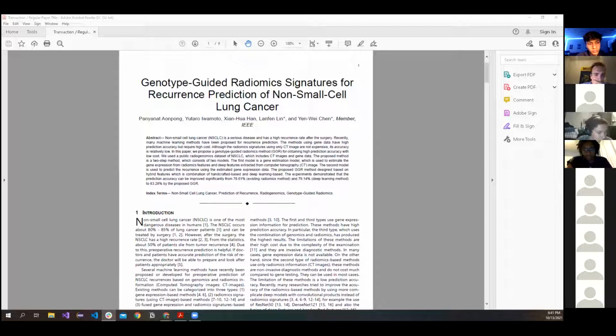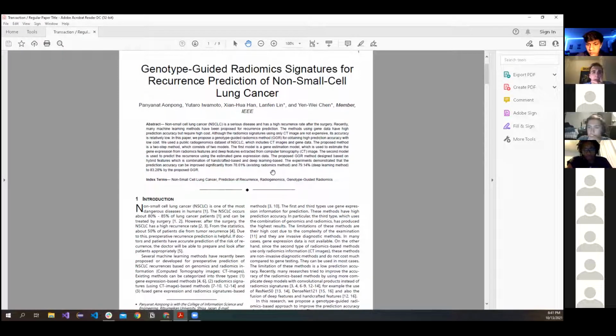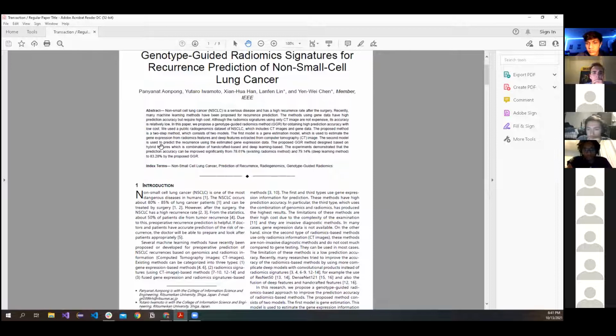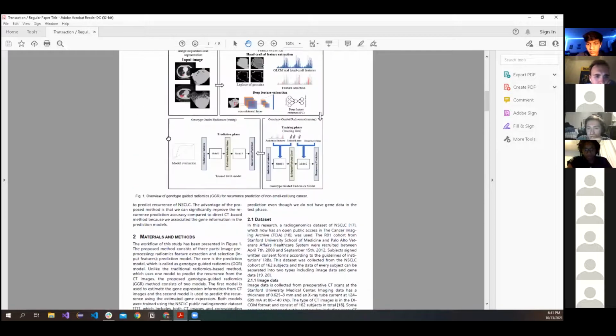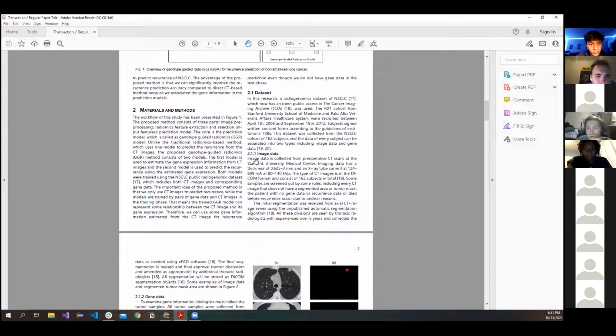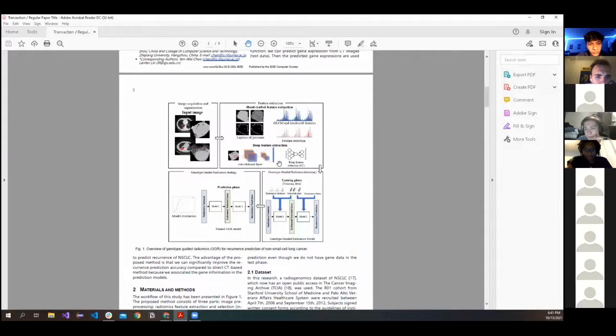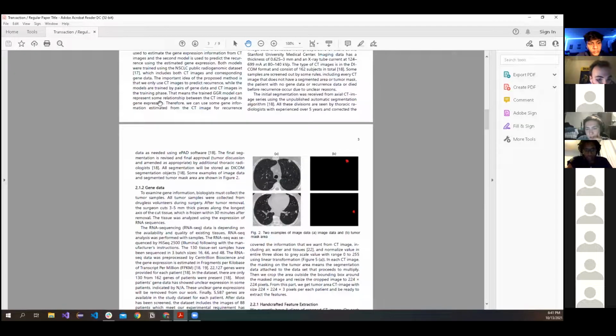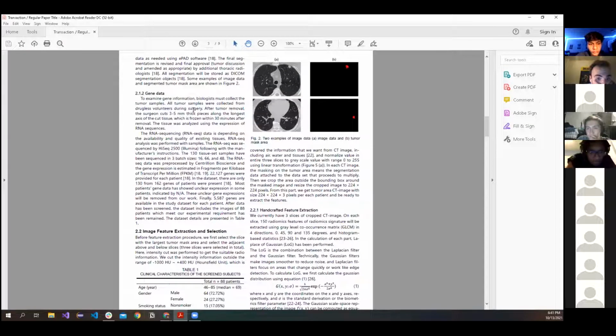What was their genomic set like? I haven't read through the genomic part, but if you go down, there was a section on gene data. It was RNA sequencing from the same platform.